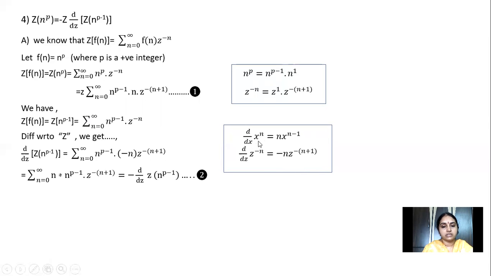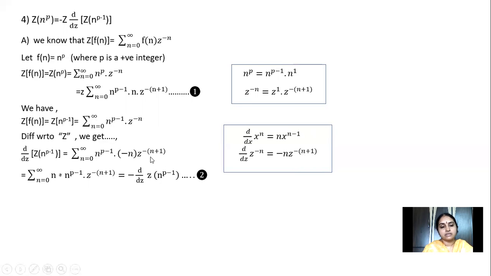x power n differentiation is n into x power n minus 1. z power minus n differentiation is minus n into z power minus n minus 1. That minus common, n plus 1. So here d by dz of Z of n power p minus 1 equal to sigma n equal to 0 to infinity. This is constant. Here minus n into z power minus n minus 1.